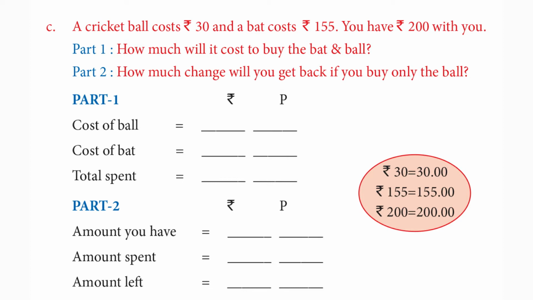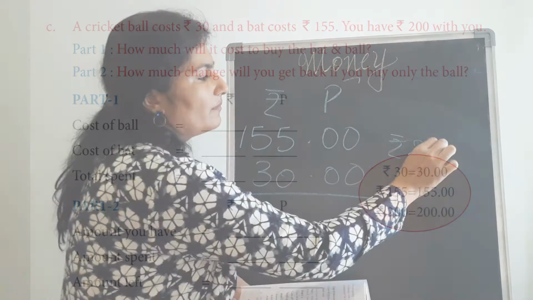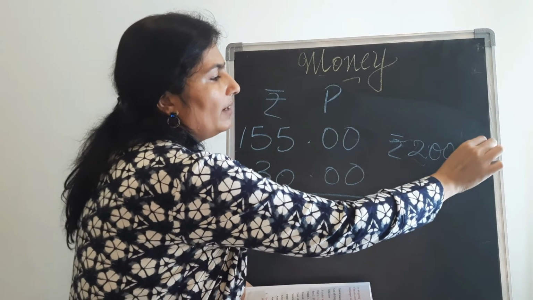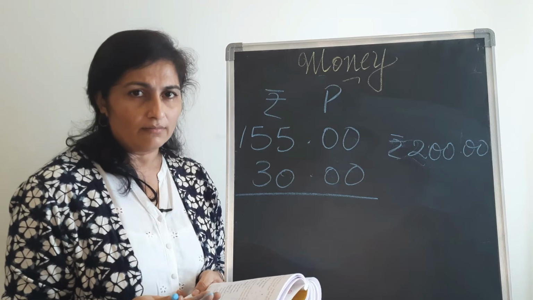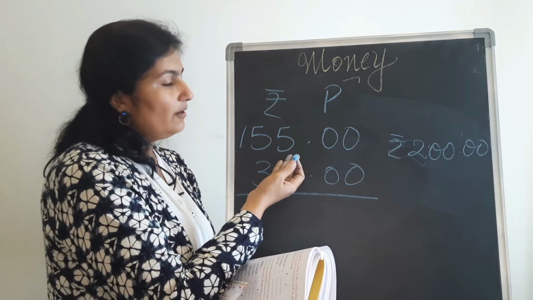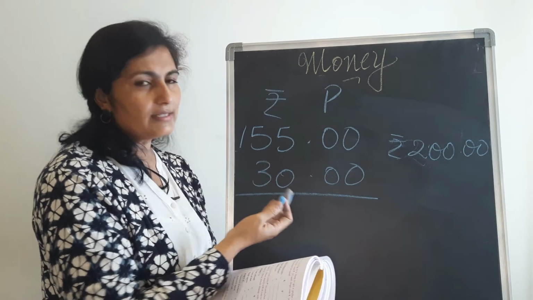And the cost of the ball is 30. Now you have 200 rupees left with you. So the money that you have in hand is 200. You need a bat and a ball, and the bat cost is 155 and the ball cost is 30.